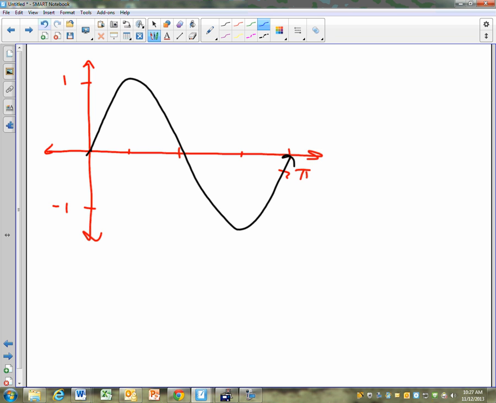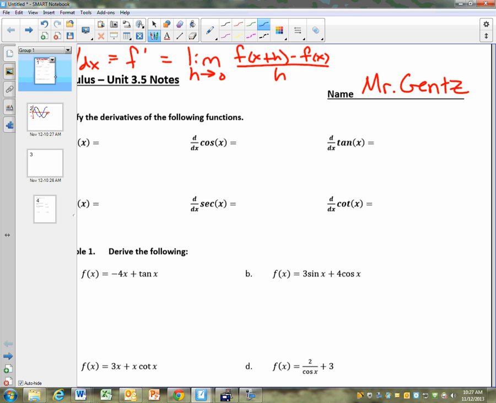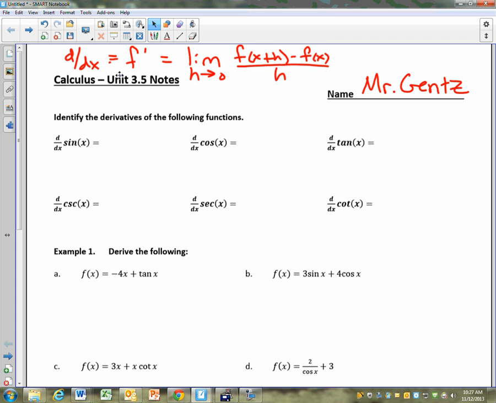It happens to be exactly 1. What is the derivative of sine right here? 0. Do you know what the derivative of sine right here is? -1. What is that the graph of? Cosine. So if we simply drew it out, you would see that the derivative of sine is cosine.